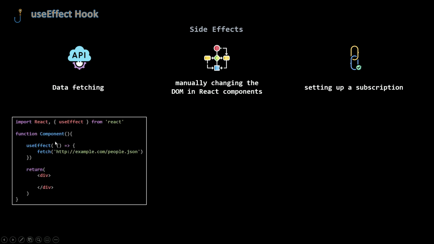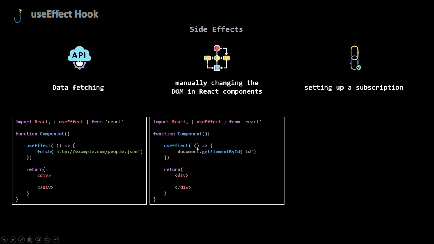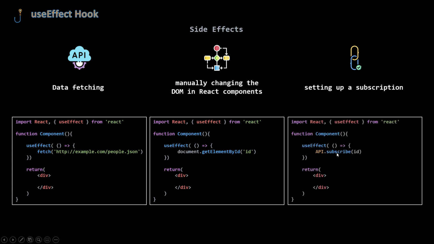So inside of your component, when you need to fetch some data from an API, you need to put that inside your hook useEffect. And also when you need to get an element by ID, so you need to change the DOM manually, you need to put that inside your useEffect. And also when you need to set up a subscription, you need to do that inside your useEffect hook.